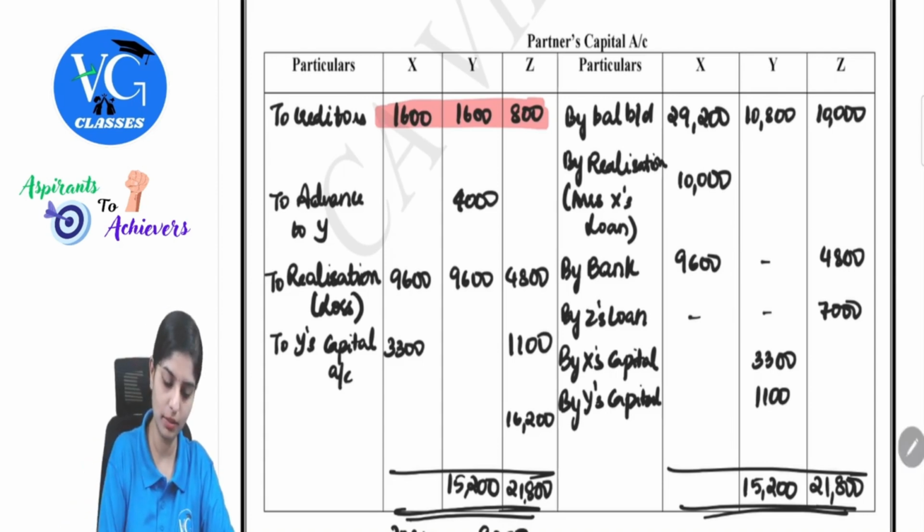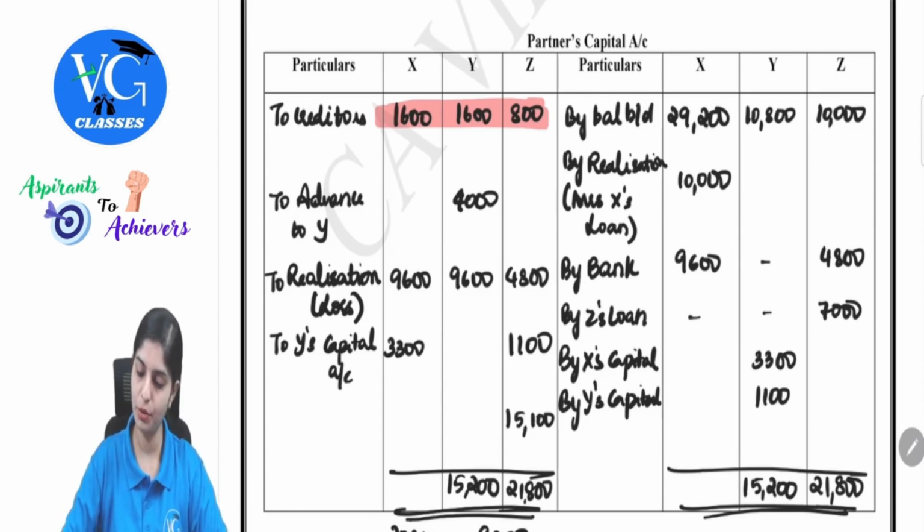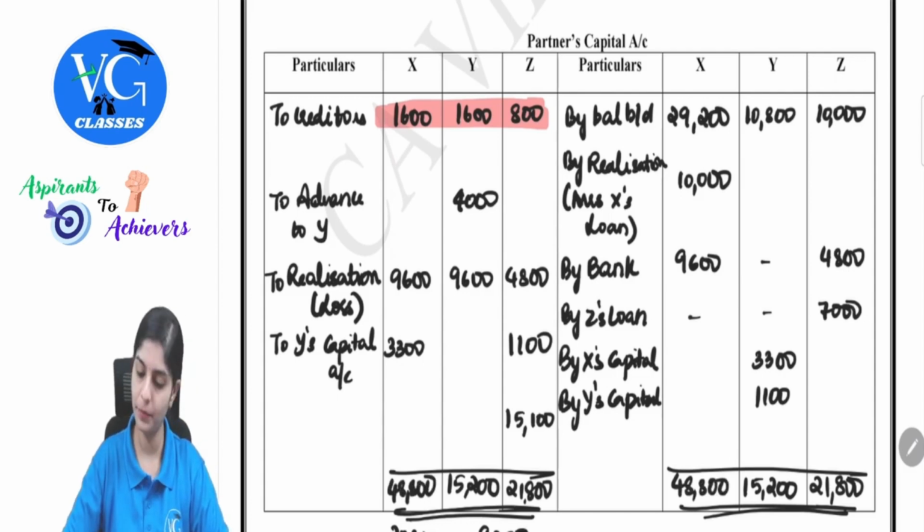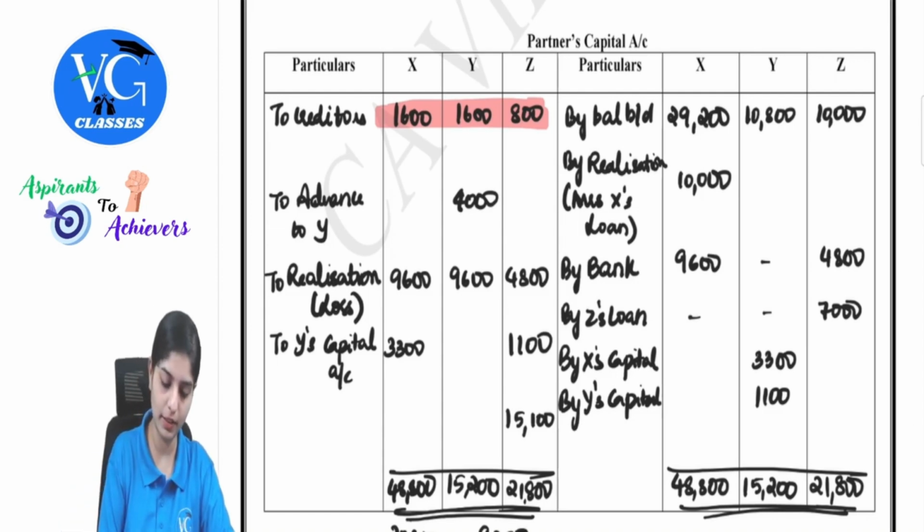This is 15,100. So 29,200 plus 10,000 plus 9,600, 48,800. 48,800 minus 1,600 minus 9,600 minus 3,300. This is 34,300.